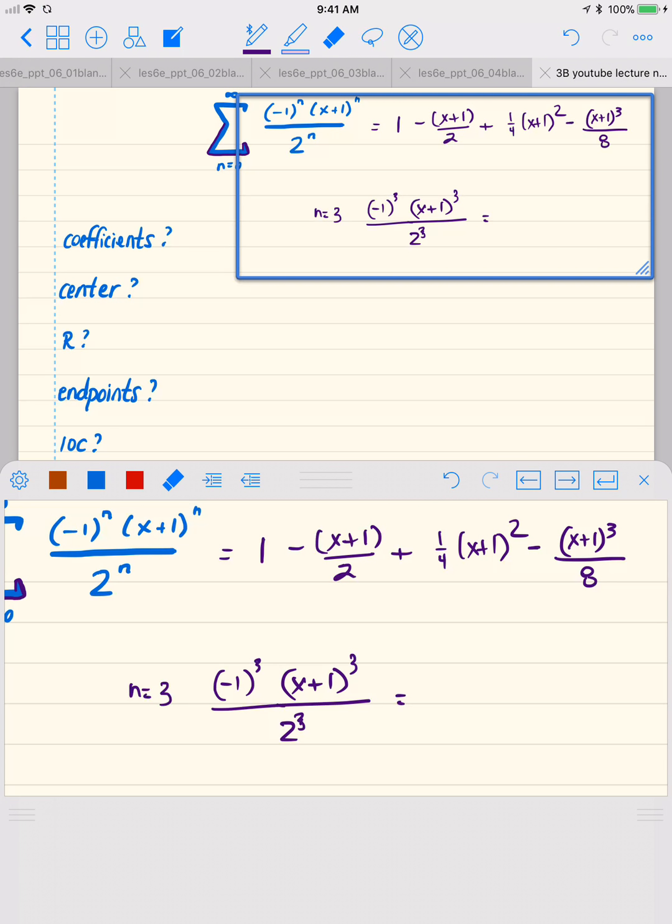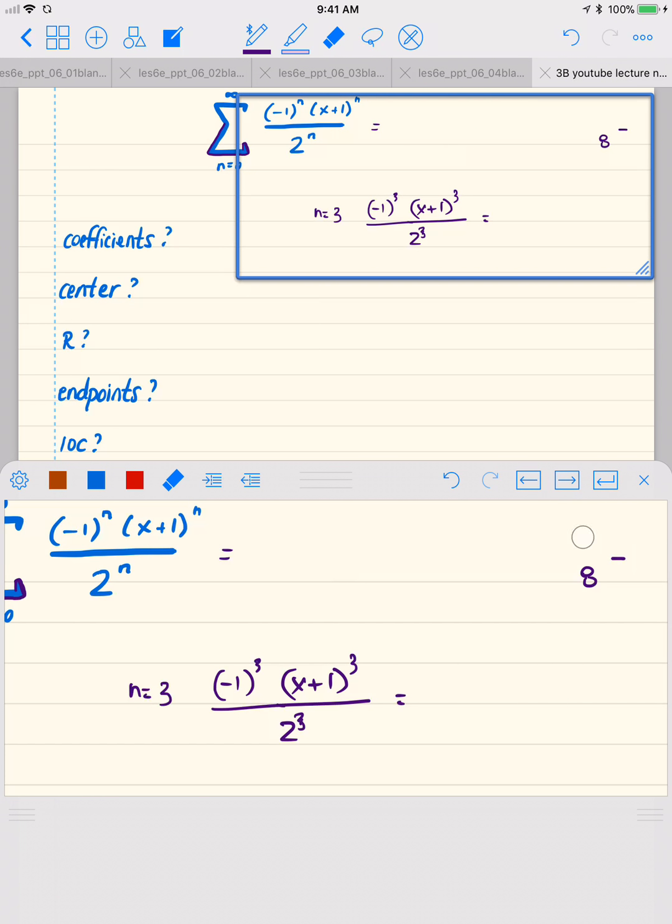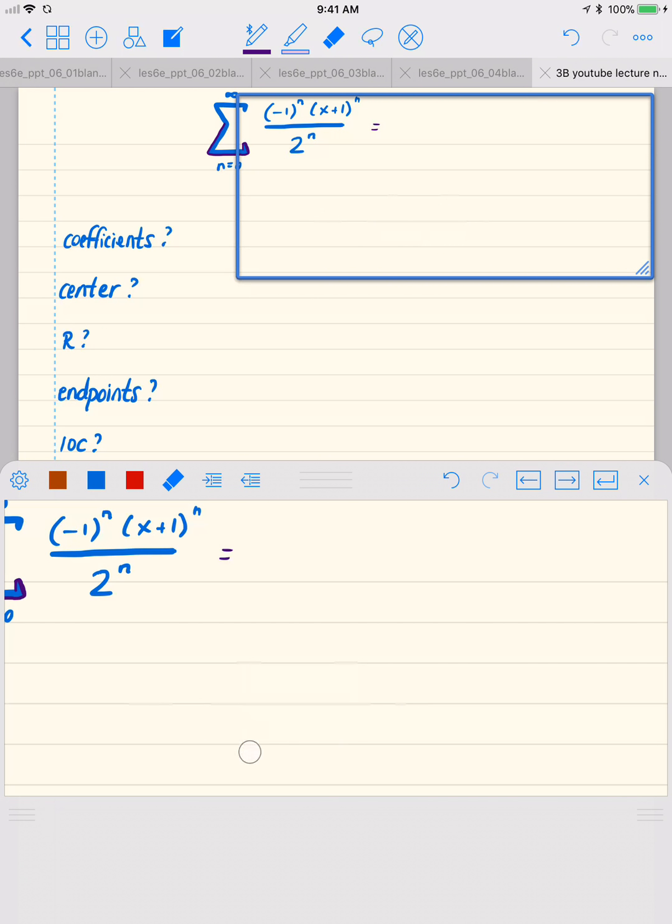I've got 1 minus, so let's just see what we're doing here.